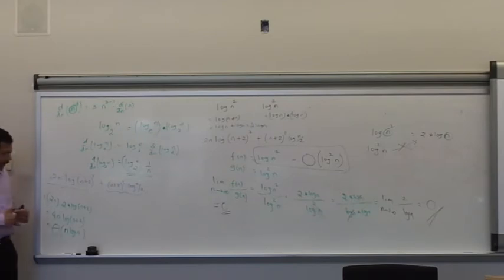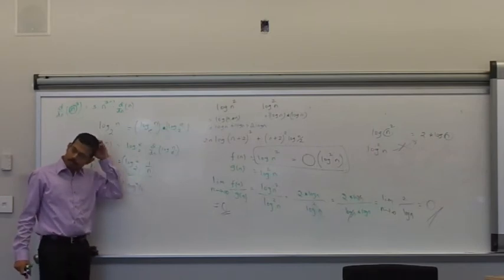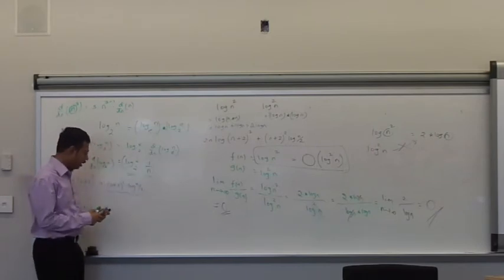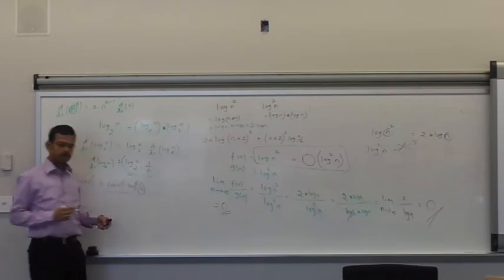How do you simplify this? (n+2) squared times log(n/2). So this is log n divided by 2.